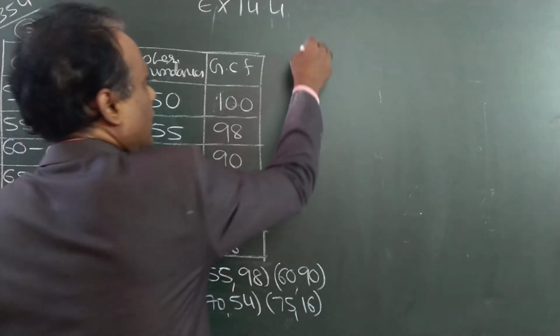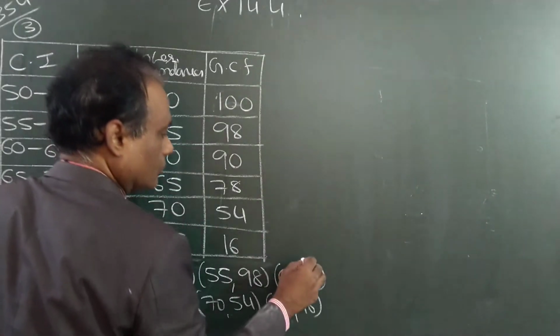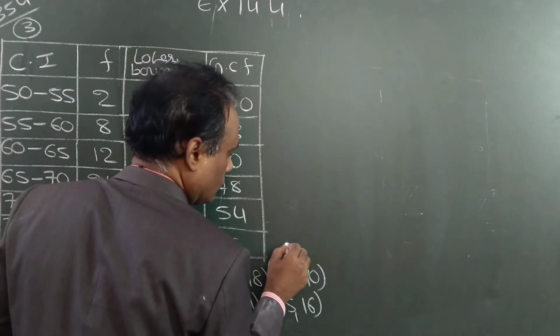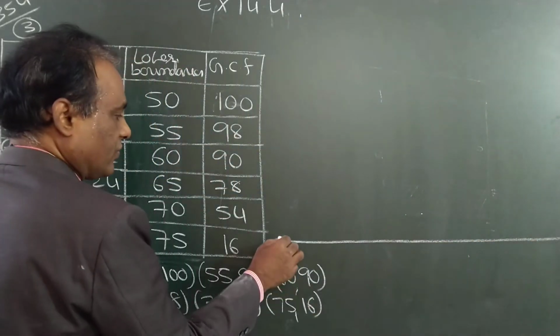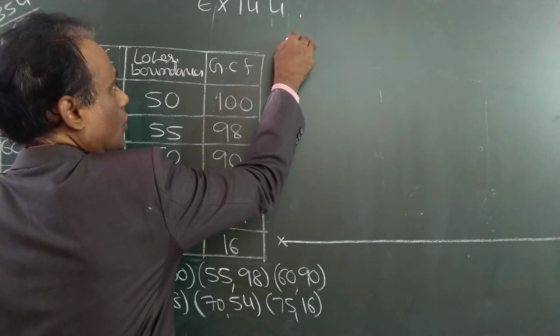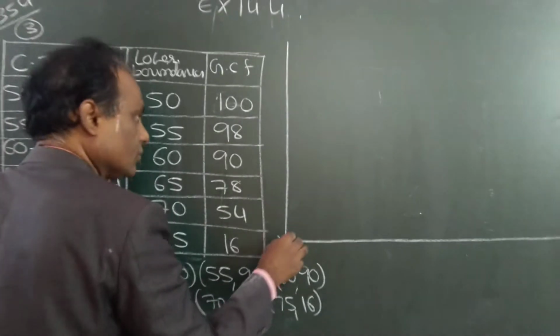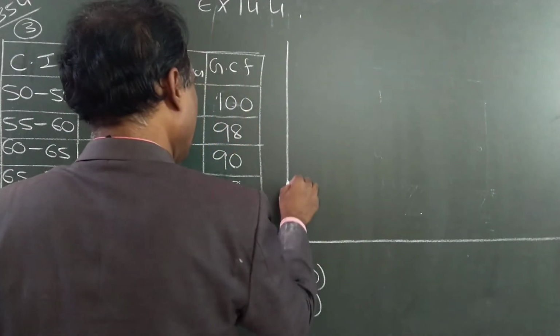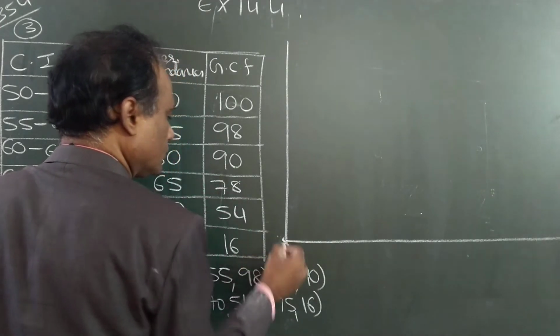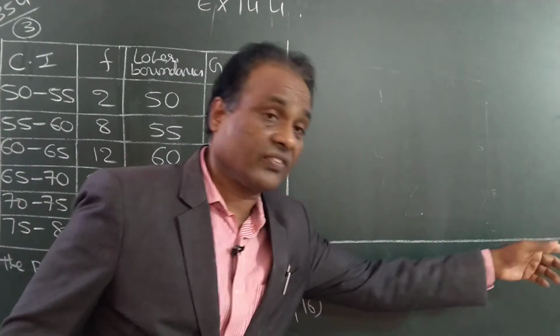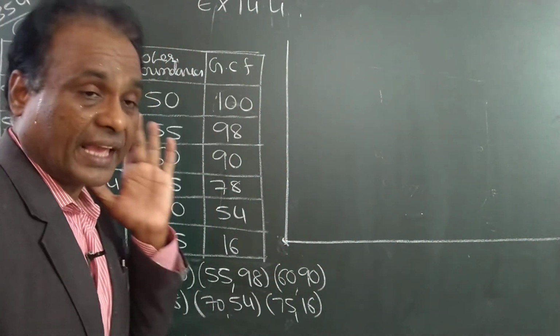Now don't write. See here. X-axis, y-axis. This is the x-axis, this vertical line is the y-axis.